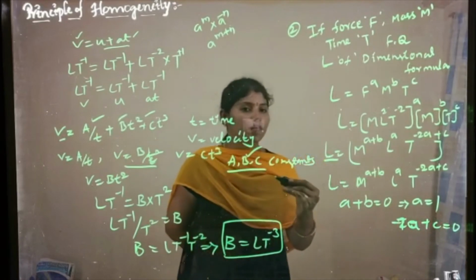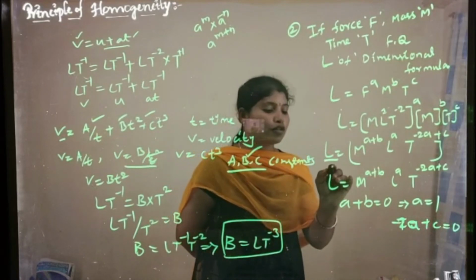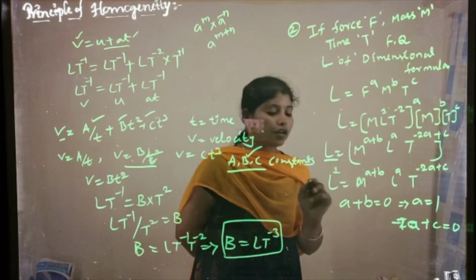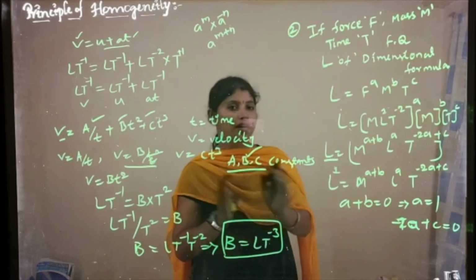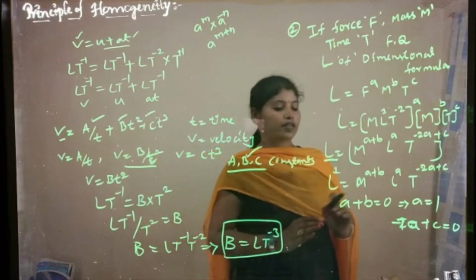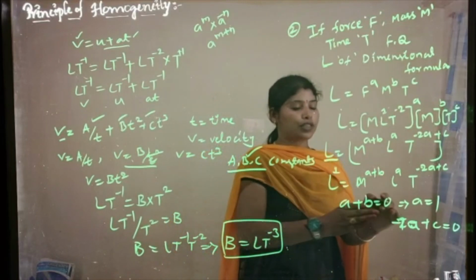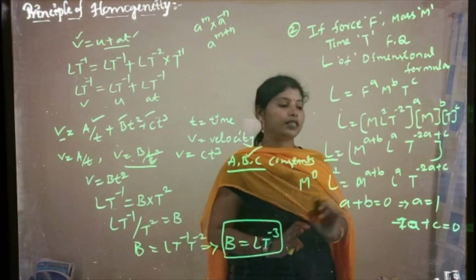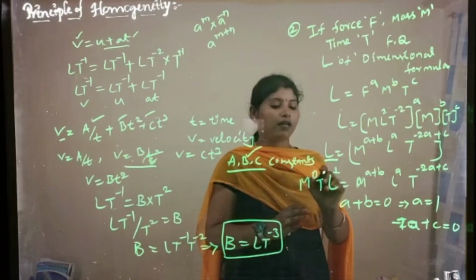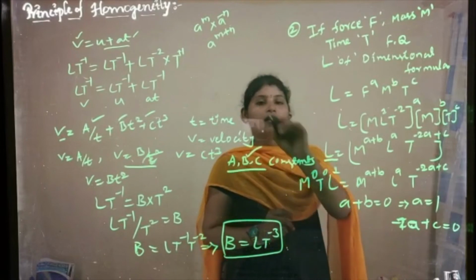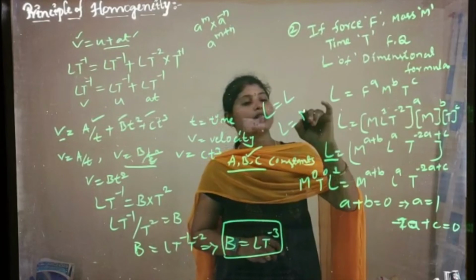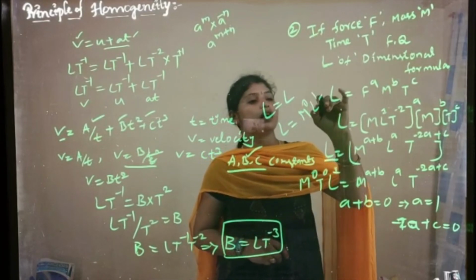Because on the left hand side we have length, where the power of L is only 1, and we do not have M powers and T powers. That is why a plus b equals 0, since M power is 0, L power 1 is there, and T power is also 0. Length is only length, so its dimensional formula is M power 0, L power 1, T power 0.